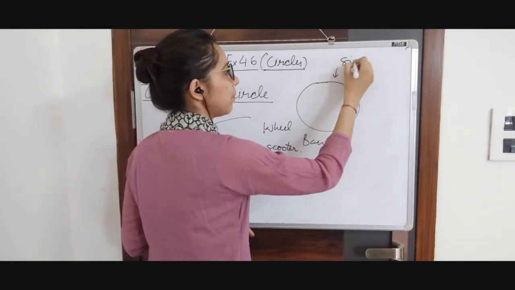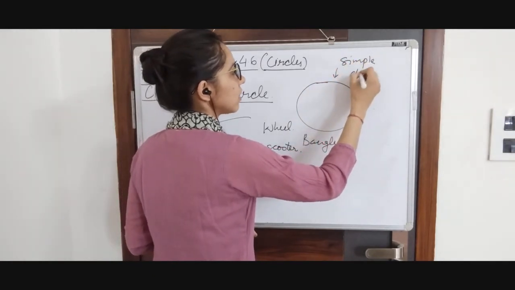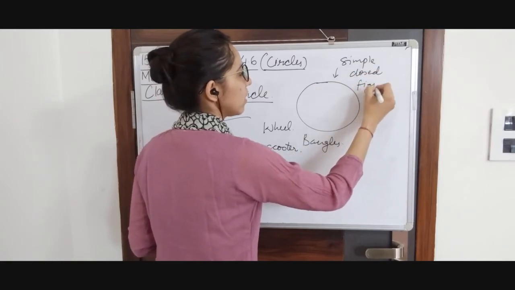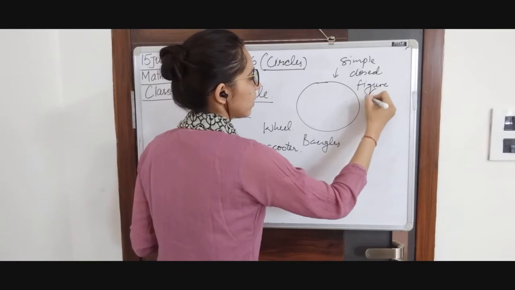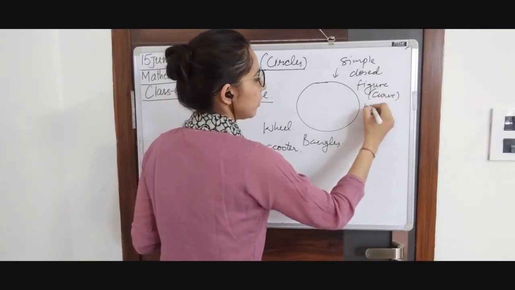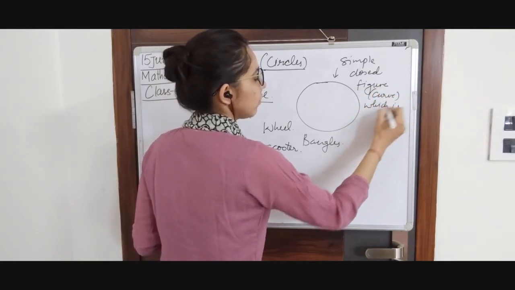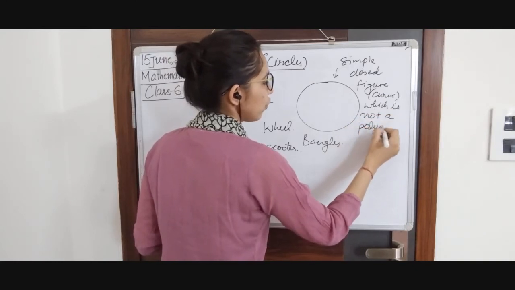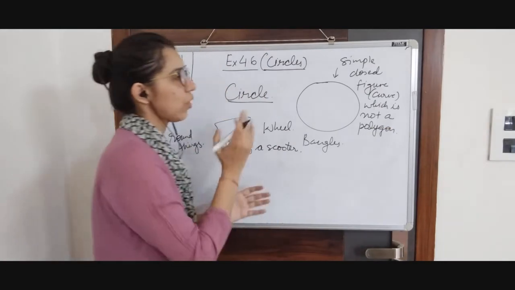A circle is a simple closed figure, or you can say a curve, which is not a polygon. It is not made up of line segments, but is round in shape.